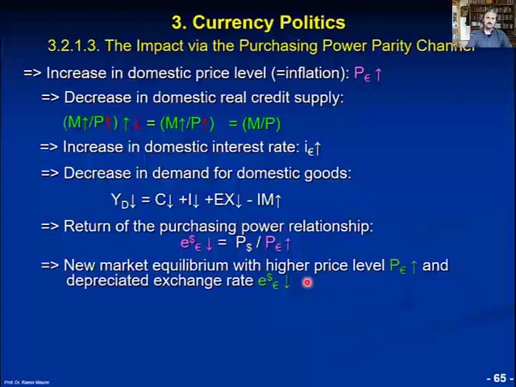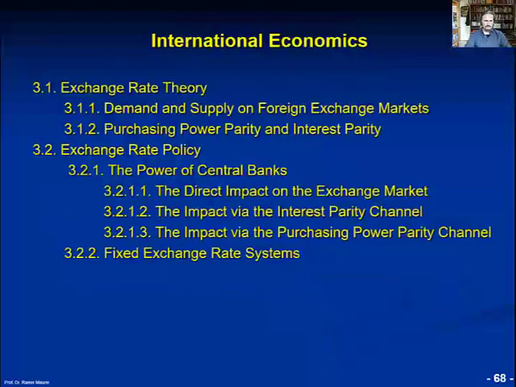If the central bank increases the domestic interest rate instead of decreasing it, then it is able to reduce the domestic price level and appreciate the domestic exchange rate. So this channel works in both directions.